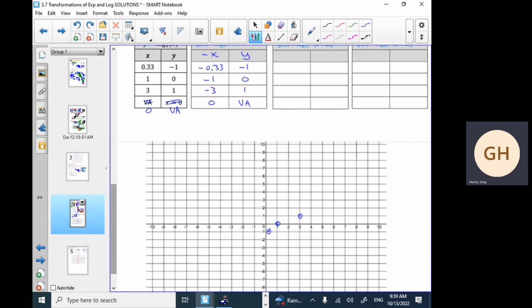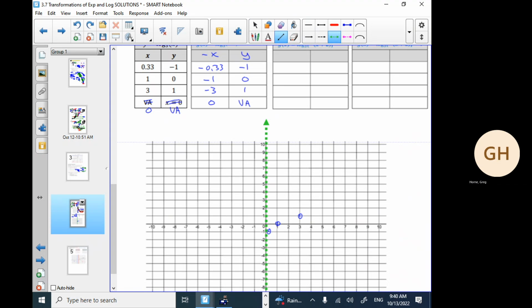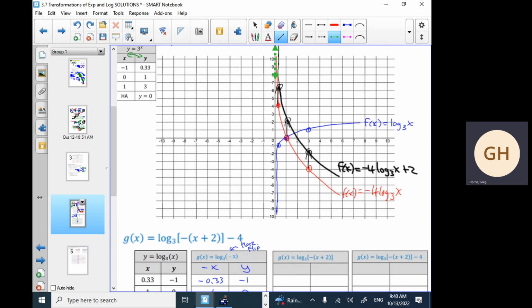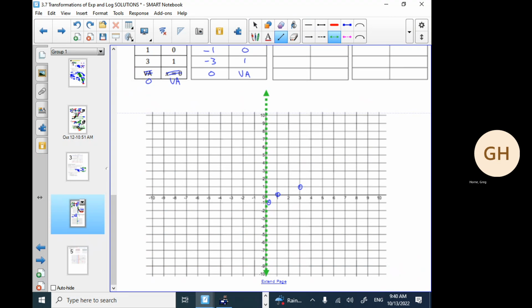And the vertical asymptote is still there. So we've got the original drawn here, something like that.